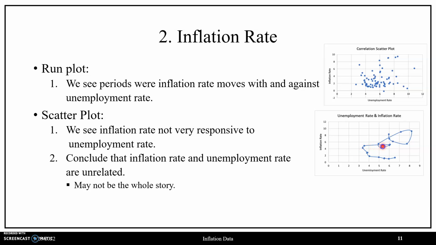There's also a shift, after which this pattern repeats itself: as the unemployment rate decreases, the inflation rate increases. Then the relationship shifts again once more, and we again see the unemployment rate decreasing and the inflation rate increasing.